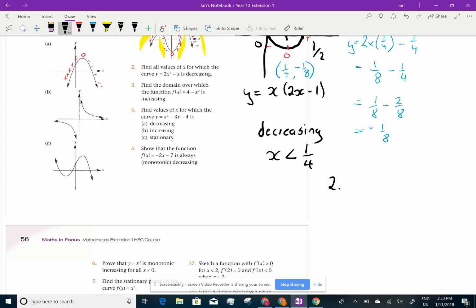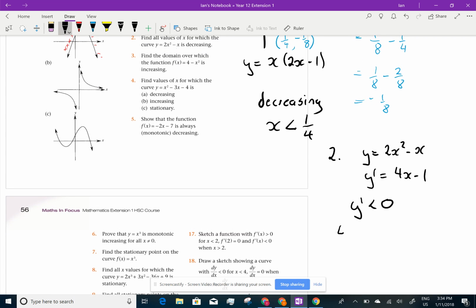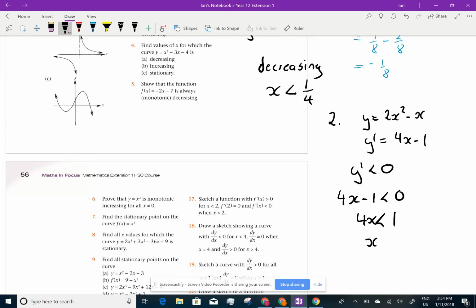Question 2. y equals 2x squared minus x. y dash is 4x minus 1. When is y dash less than 0? Well, when 4x minus 1 is less than 0, when 4x is less than 1, when x is less than a quarter. Much easier now that we know what we're doing.